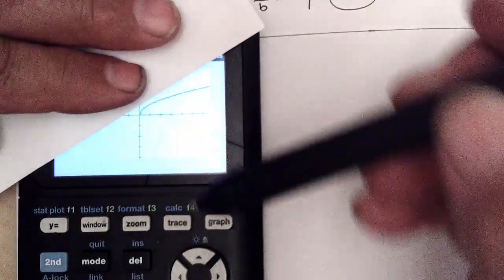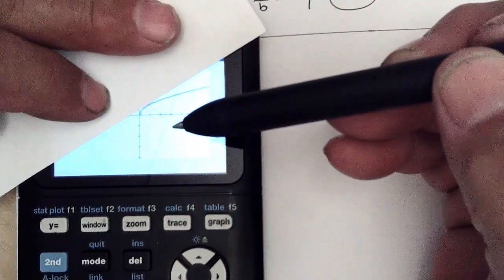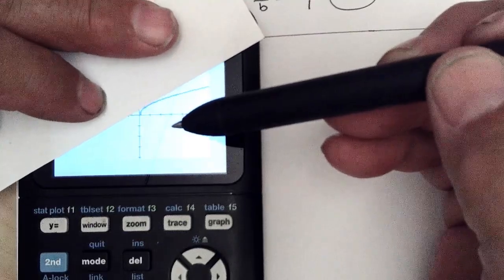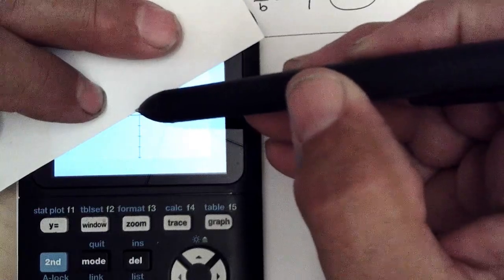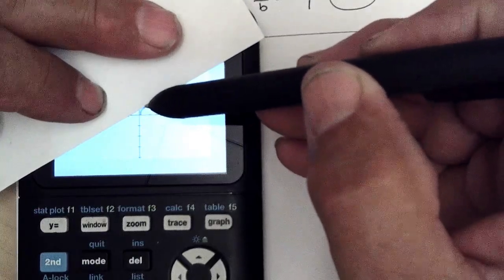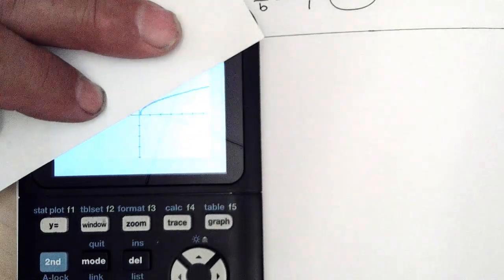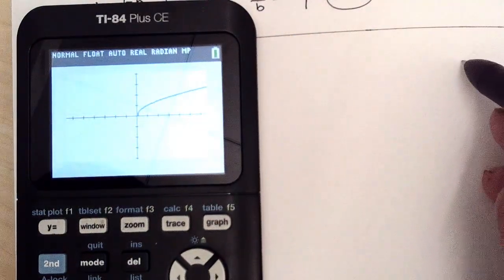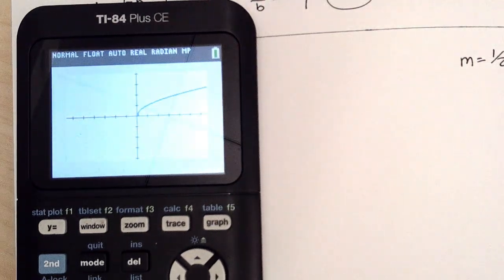Trying to look at the screen and see how it's showing up in the camera. And it looks like it's going through a half and then through 1, 1. So it's going up a half for 1. So it looks like a slope of about a positive 1/2. That's my estimate by looking at the graph. The slope of the tangent is 1/2.